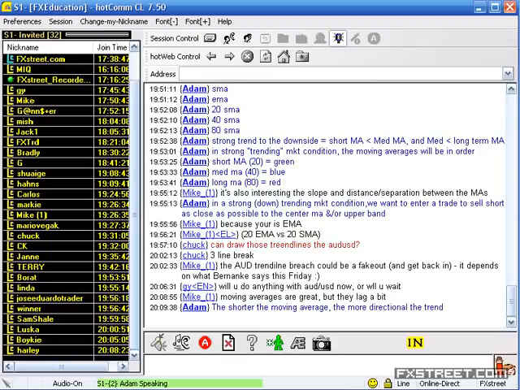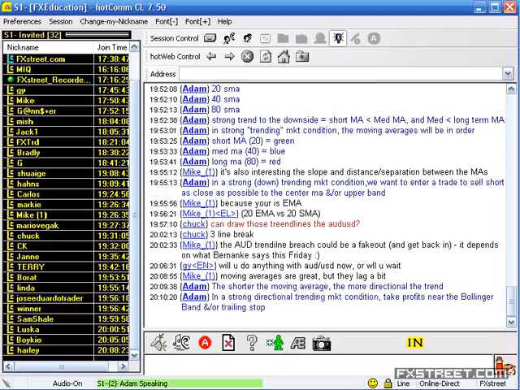By the way, I didn't type this in before. In a strong directional trending market condition, take profits near the Bollinger Bands and/or a trailing stop.